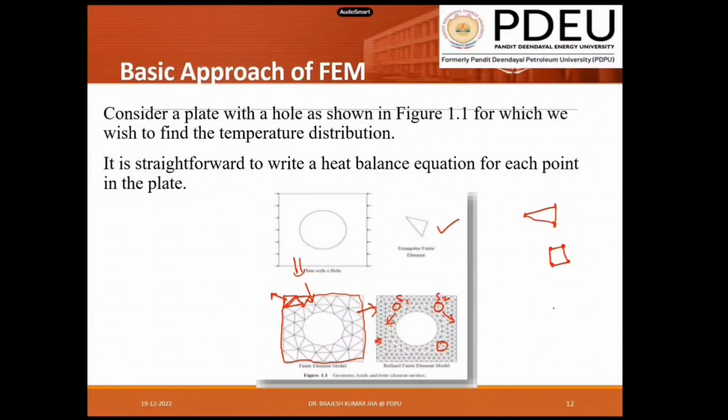Earlier in mathematics, at the 7th or 10th level, we found the area of irregular shapes. We can get the area in pieces, and by joining them, we get the area of the whole structure. The same concept is applied in the finite element method.